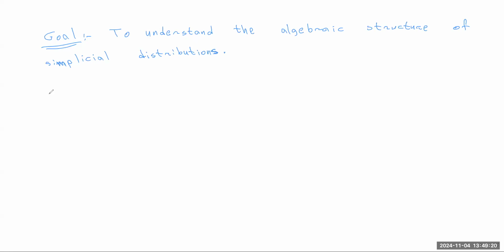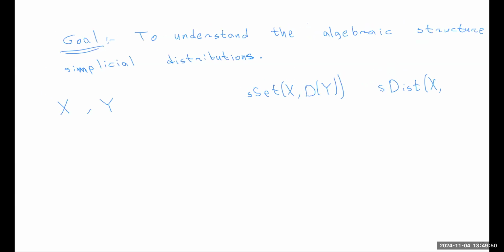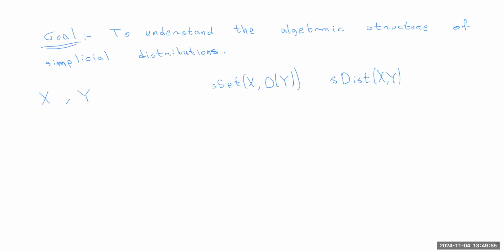Let's fix X and Y. Let's say we have some X, which is the measurement space, and Y, the outcome space. We always use this notation or this to say the set of all simplicial distributions from X to Y. Usually in papers we use this or this, the same.